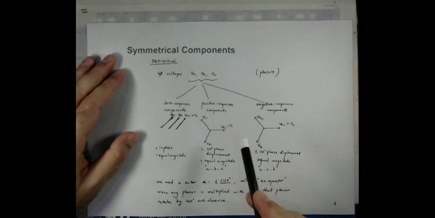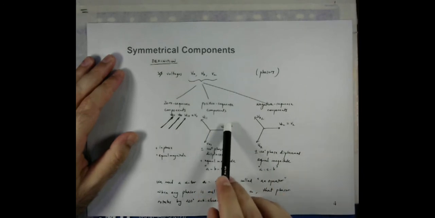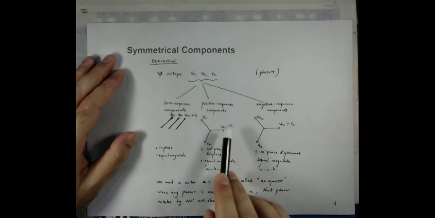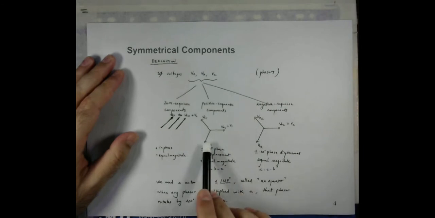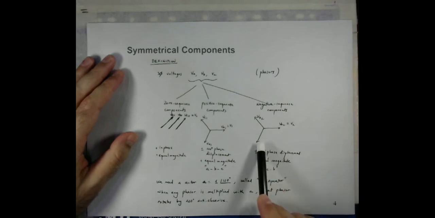You know that in a positive sequence, phase A is followed by phase B, and then phase B is followed by phase C. In a negative sequence, phase A is followed by phase C, and then phase C is followed by phase B. That's what we call negative sequence.